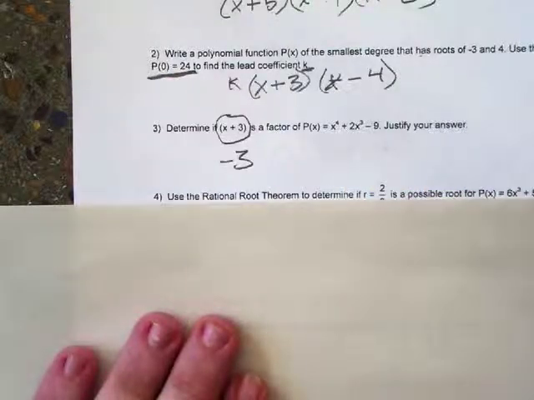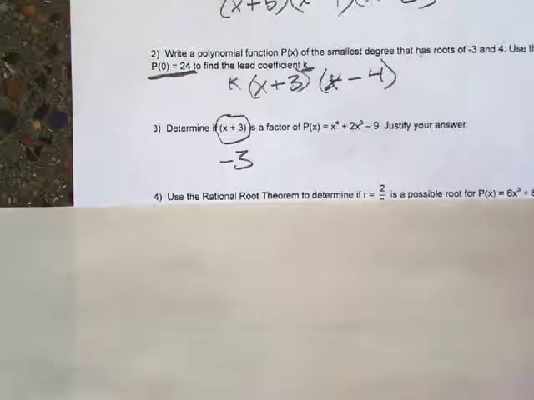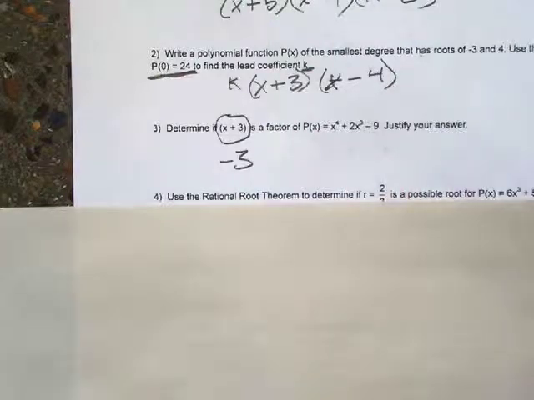Or we can divide it out. Or we can find the factors of this. There's lots of different ways to figure this out, and we need to decide which one works best for us.